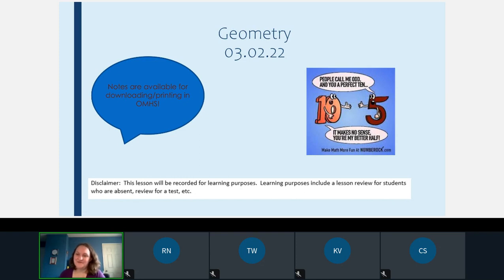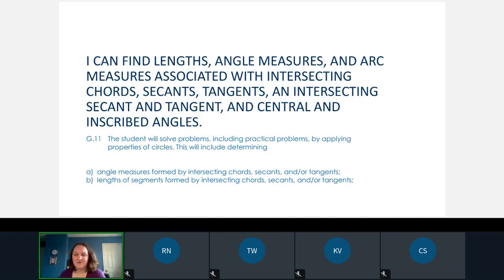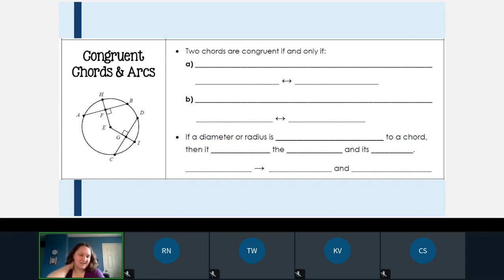Okay, wonderful. So we are in Unit 10 talking about circles. So if you asked me how I was and I told you my head was going in circles, that's why. Lots of circles today. It's kind of fun working in a different shape, though, especially when we've been working in triangles so much. In the Playposit on Monday, I included a link to the PDF, and I also referenced it on OMHS.